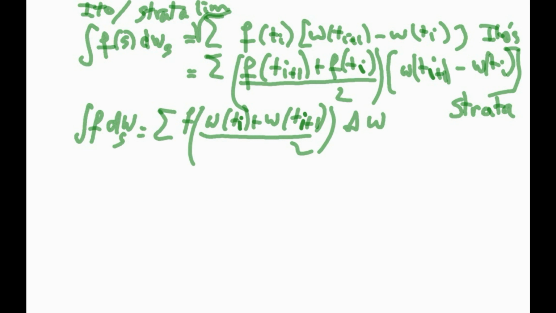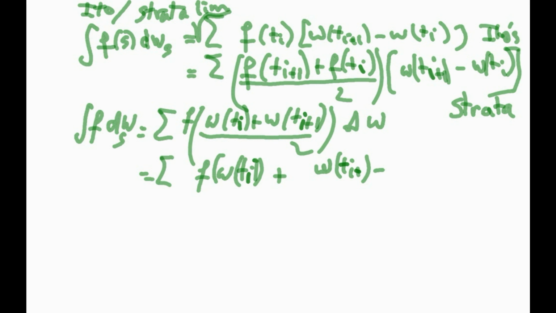So I'm going to use a Taylor expansion by expanding f at the middle point with f at the point ω(t_i) only. So this is the sum of f of ω(t_i) plus the first order term, which is a derivative. So I have to first use (ω(t_{i+1}) + ω(t_i))/2 minus ω(t_i).